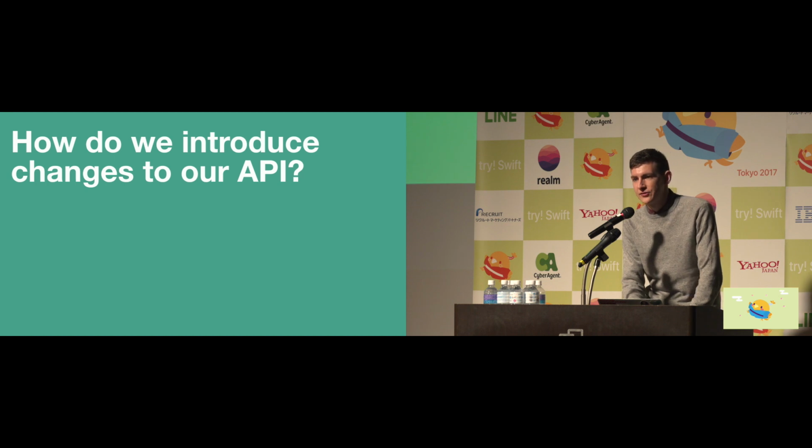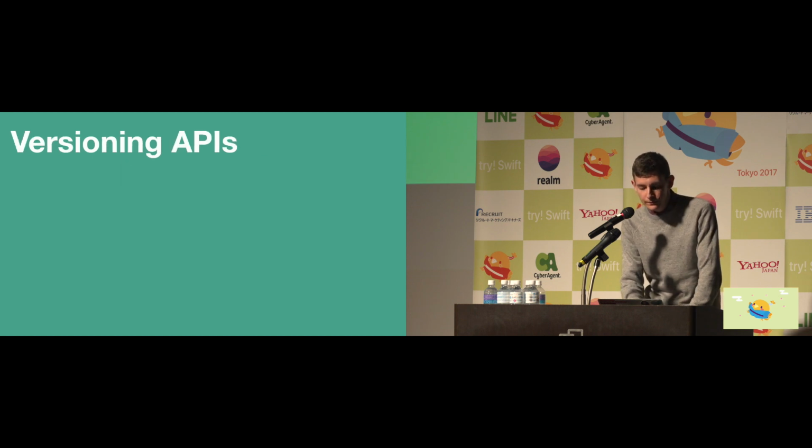So how are we going to introduce this change to our API? Many APIs would use versioning to allow these kinds of changes. They can keep the existing versions around so existing clients can request the old version. API clients can then migrate to use the newer version of the API and then redeploy the client to the users of that client.